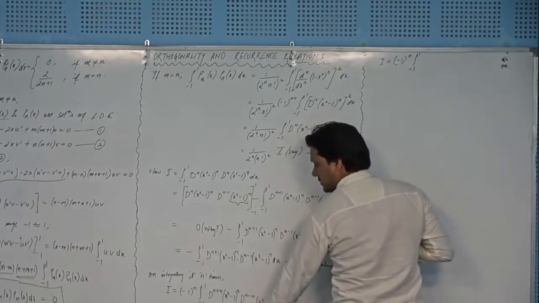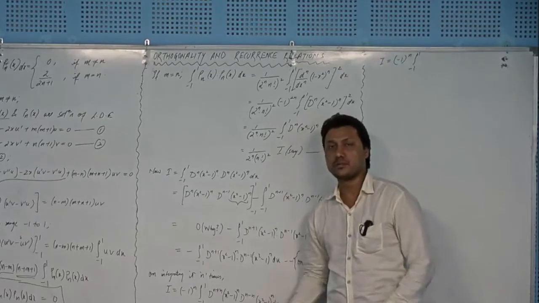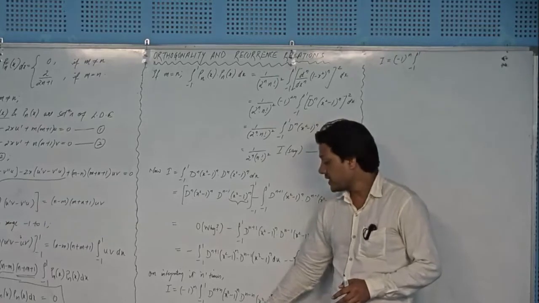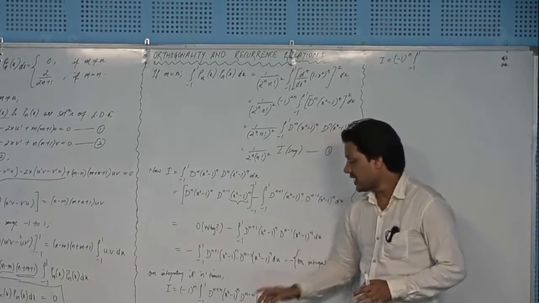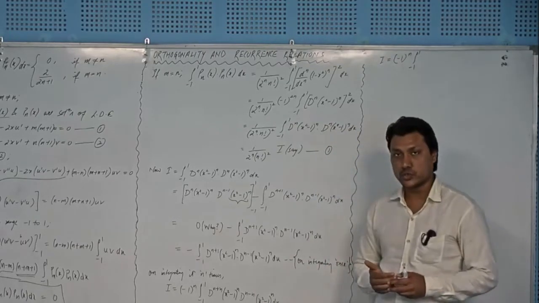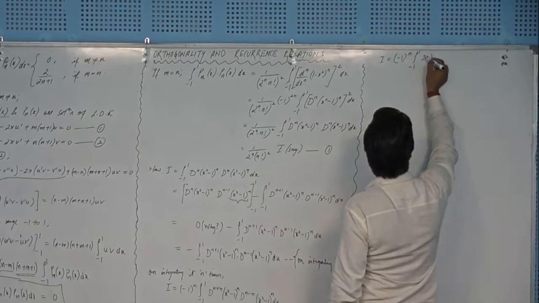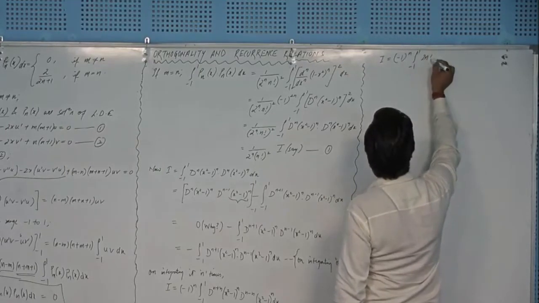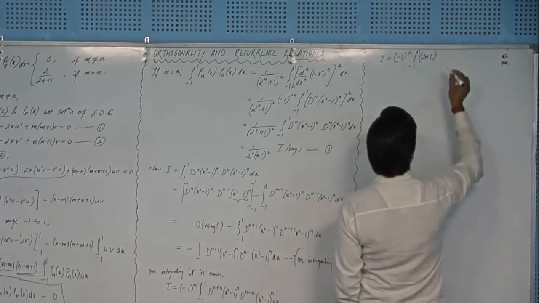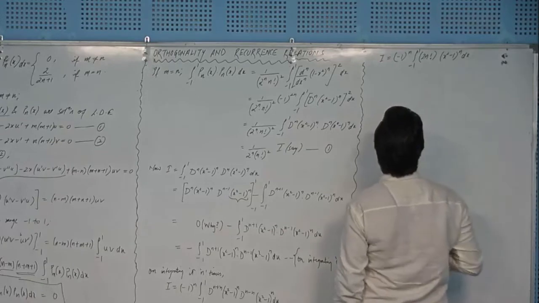You can see that this is a polynomial of degree 2n, and differentiating it 2n times will produce a constant. The constant will be 2n factorial, obviously, because the highest term in this polynomial will be x to the power 2n. It is clearly visible from here, and differentiating it 2n times will give 2n factorial. So we'll write 2n factorial, and this is (x square minus 1) to the power n dx.